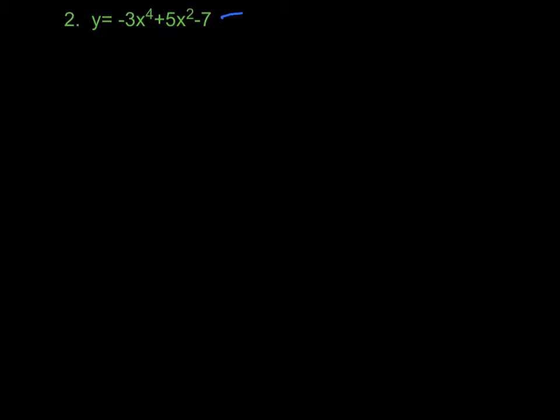Just remember that y is the same thing as f of x, so instead of writing y equals negative 3x to the 4th plus 5x squared minus 7, I could say f of x is equal to. So when I want to find f of negative x, what that's basically asking you to do is everywhere you see an x in the equation, you're going to replace it with a negative x.